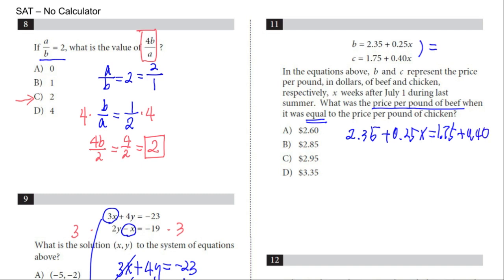Okay, if you subtract 0.25x from here, I missed the x here, so minus 0.25x. And one more thing, you can subtract 1.75 from both sides.